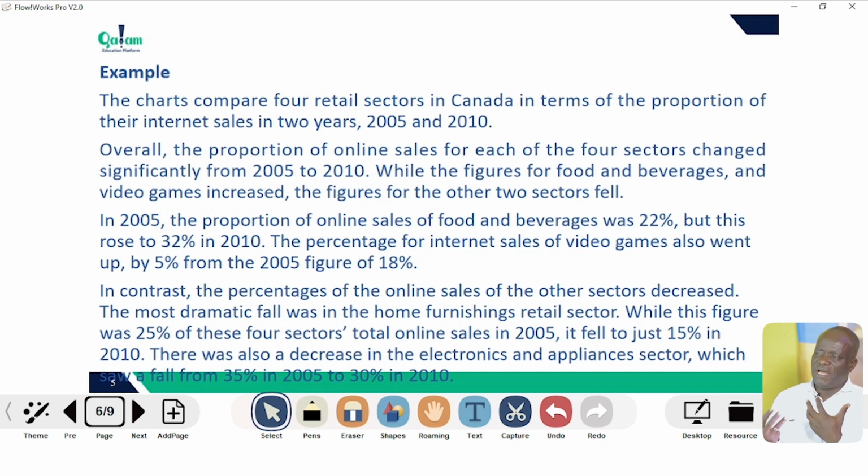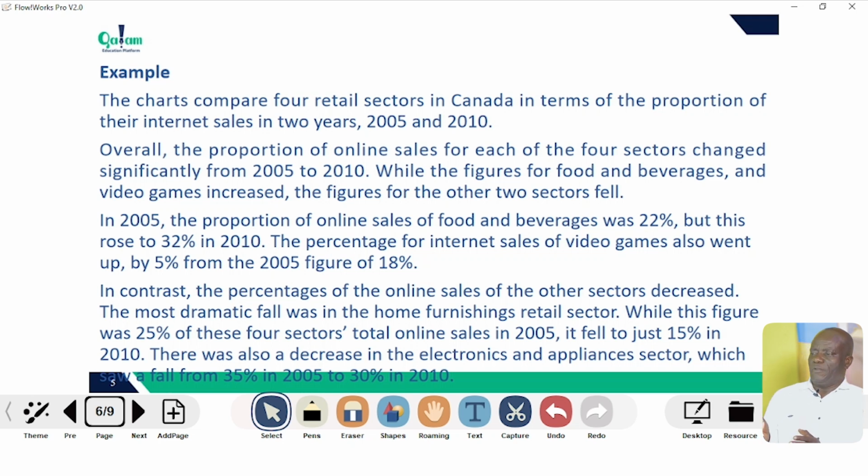The most dramatic fall was in the home furnishings retail sector. While this figure was 25% of these 4 sectors' total online sales in 2005, it fell to just 15% in 2010.